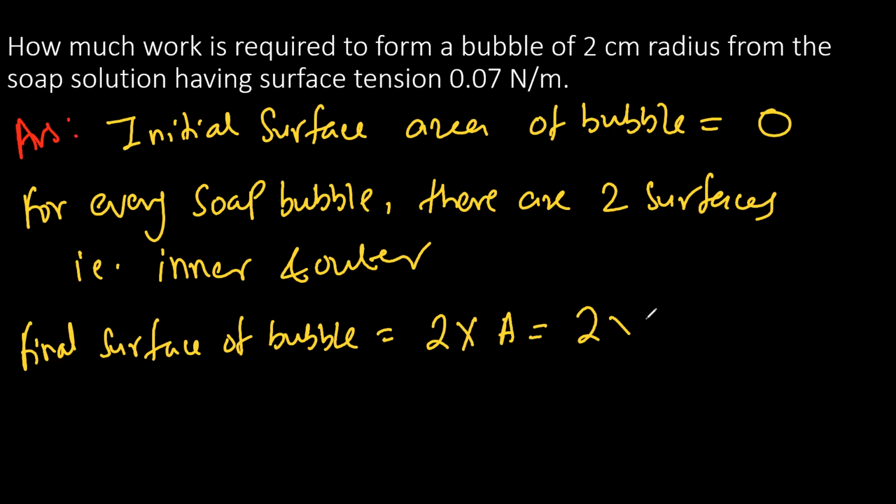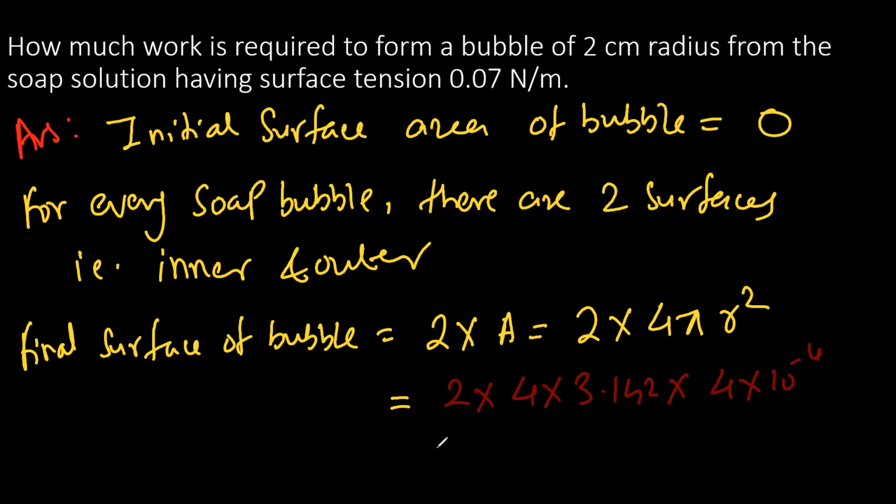So what is it? 2 into 4 pi r square. Write it: 2 into 4 into pi, that is 3.142, and r square is 2 into 10 raised to minus 2, squared, which is 4 into 10 raised to minus 4.